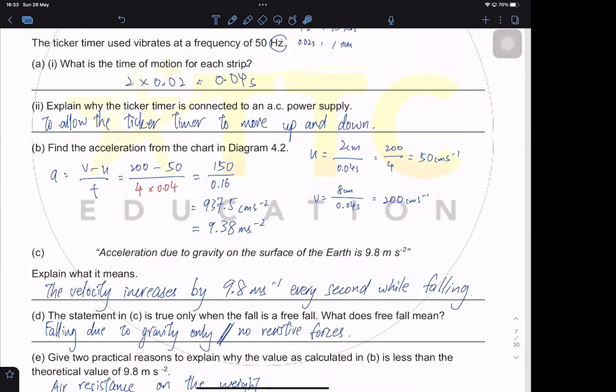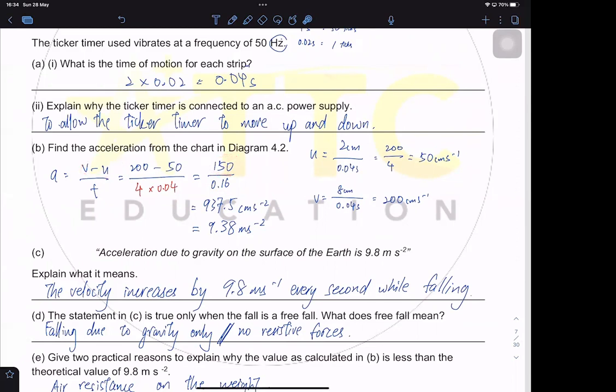How do you get double the number? If you want double, the difference between V and U must also be double. Now it's 150 divided by 0.16, you get 9.38. If I get 300 divided by 0.16, then you get double because the difference is double.